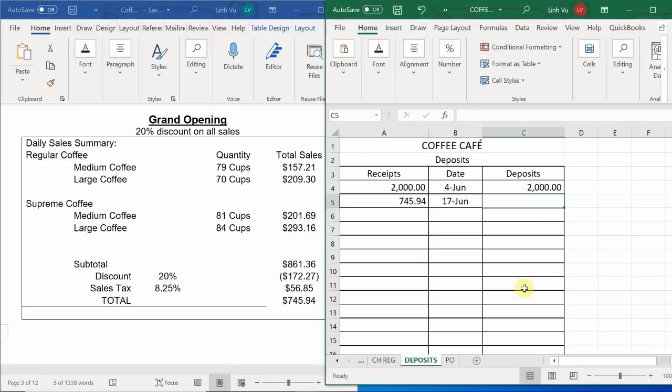Because it's the end of the day, that's all the cash that we're going to receive, so that's the amount that I'm going to deposit. This is the money that I earned from the sale of our coffees. So now this money is going to go into our checking account, and now we have a positive $675.